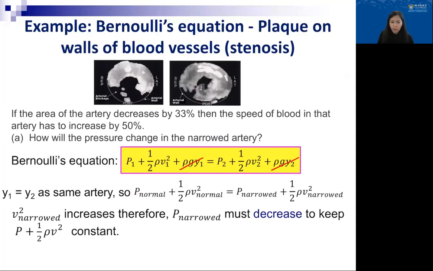Okay, so we've seen from Bernoulli's principle, right? If the fluid is flowing faster, then the pressure should be lower so that the cumulative effect would be the same. So the pressure must decrease.